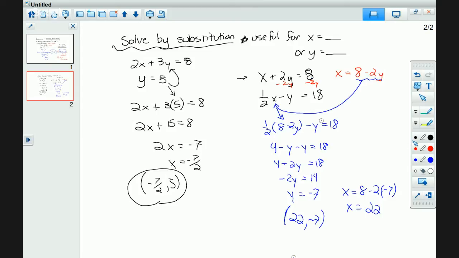So when you put in the thing that is x equals, you just distribute, right? Yeah, we did. Okay, just making sure. Yeah, you'll have to do that for sure. Any questions?